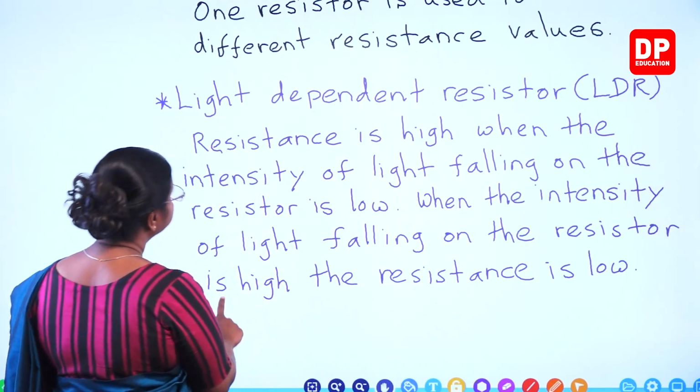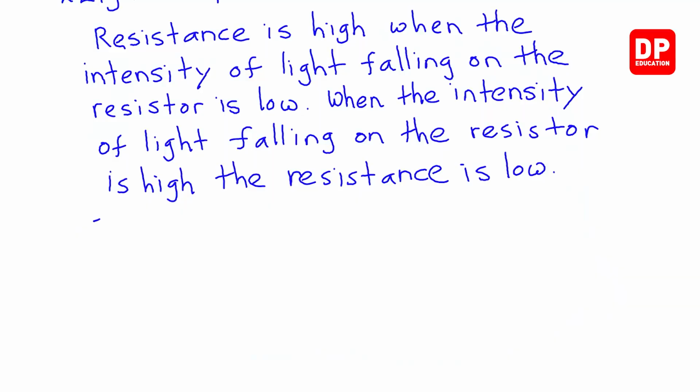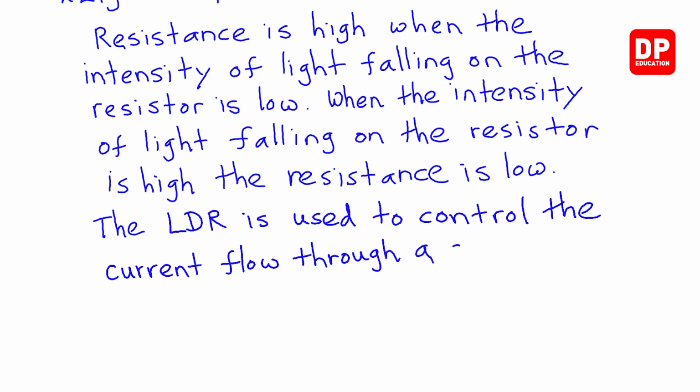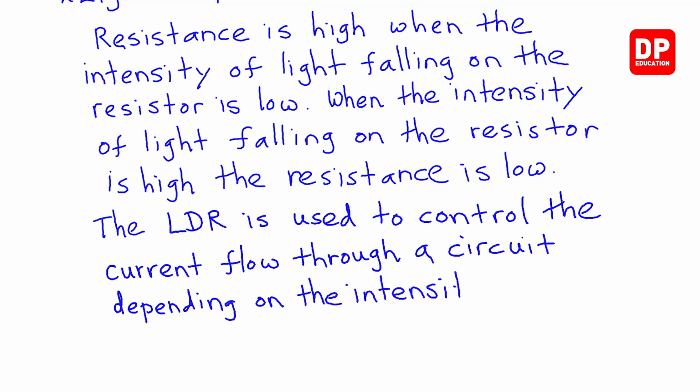So here we can say the LDR is used to control the current flow through a circuit depending on the intensity of light.